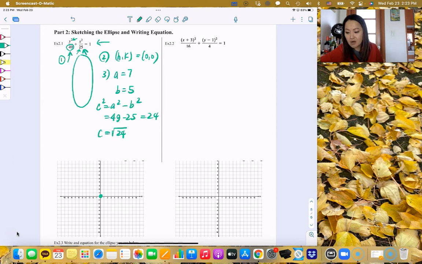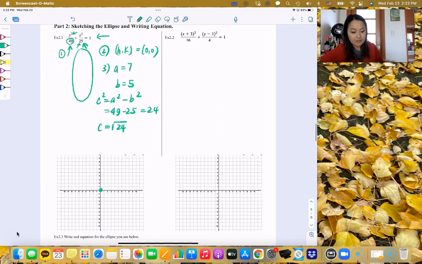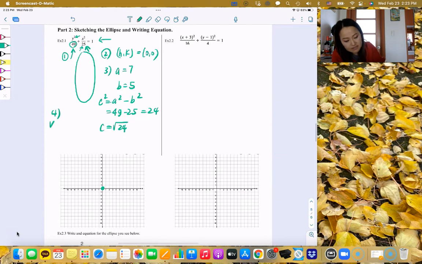Okay, all right, so let's do this. What are we doing now? Let's start sketching, right? I mean, we already started sketching. So we already know it's going to be long, so we know for sure our vertices, right? If you guys kind of get this already, you can just stop listening to me and just get started, okay?